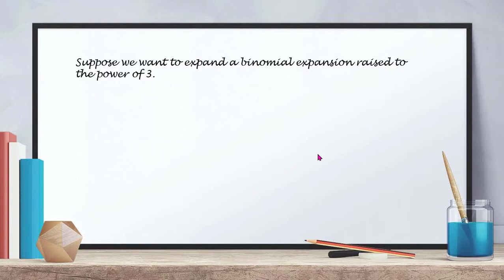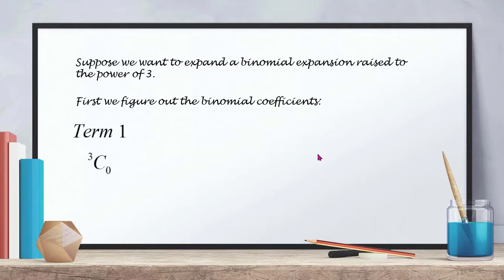Suppose we want to expand a binomial expression raised to the power 3. First, we figure out the binomial coefficients. For the first term, the binomial coefficient is 3 combination 0.